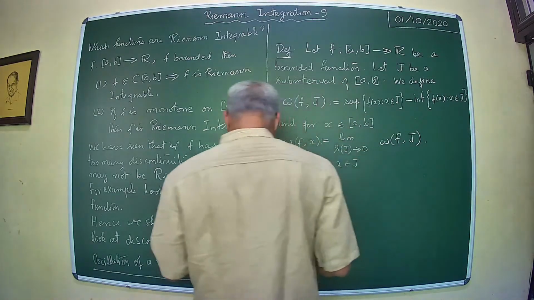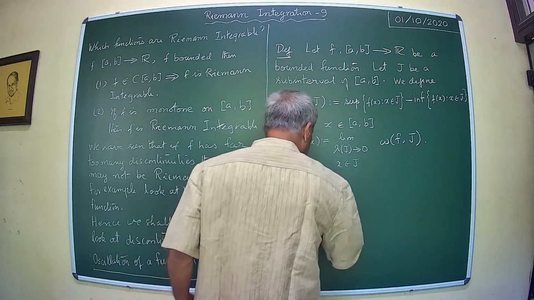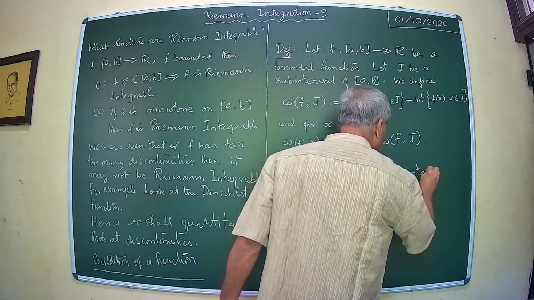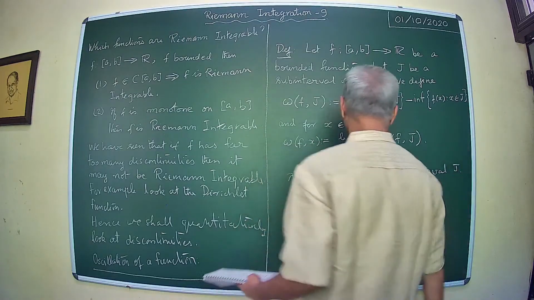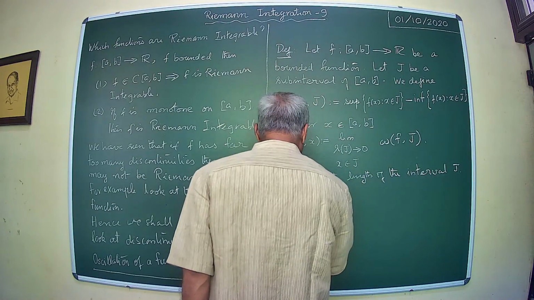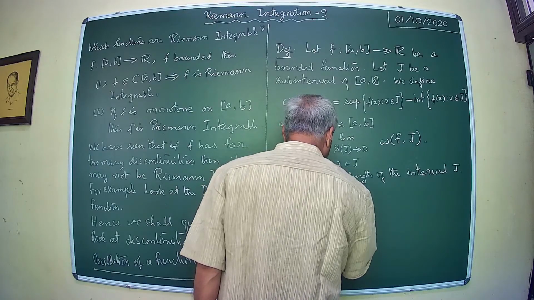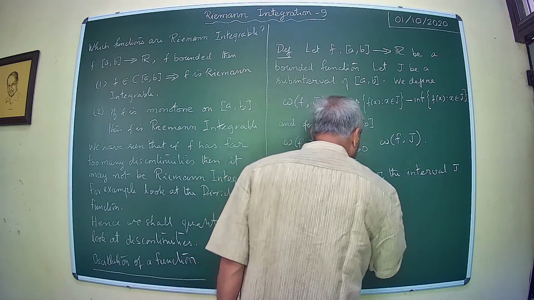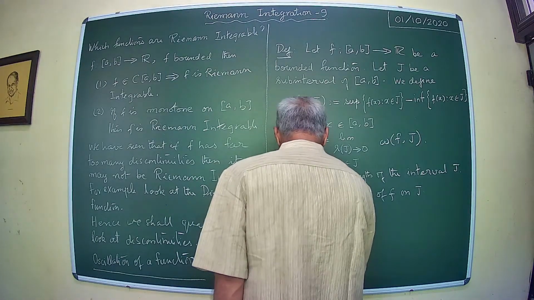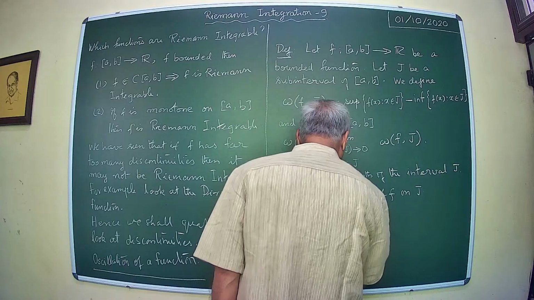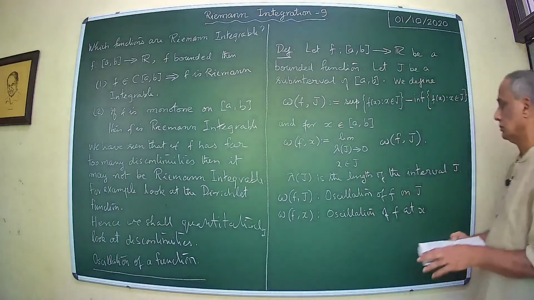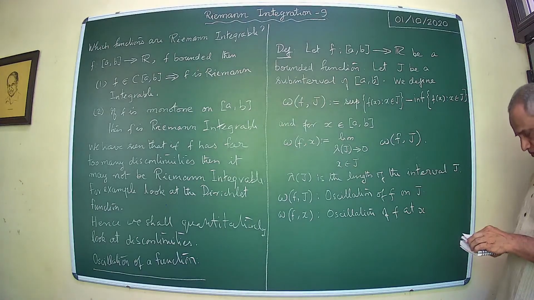Now here we have to say what lambda J is, the length of J. Now omega f of J is called the oscillation of f on J. So this is the definition that we use.